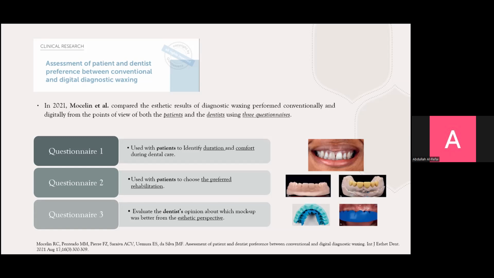There were three questionnaires. Questionnaire 1 was used with the patient to identify the duration and the comfort of the dental care. Questionnaire 2 was also used with the patient in order to choose the preferred rehabilitation. And finally, questionnaire 3 was used with the dentist to evaluate the aesthetic results of both mock-ups, digital and conventional.